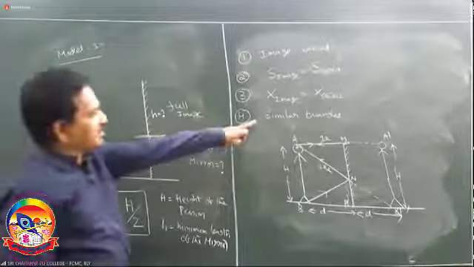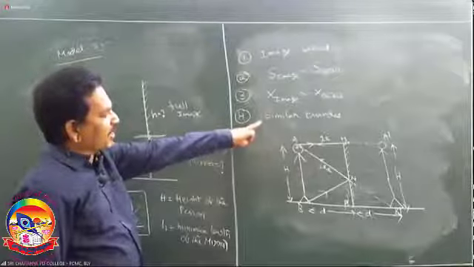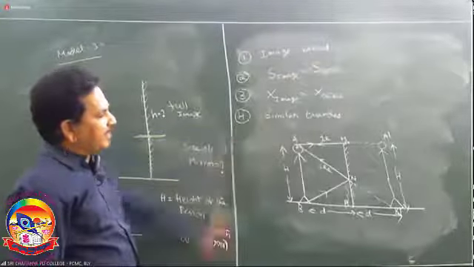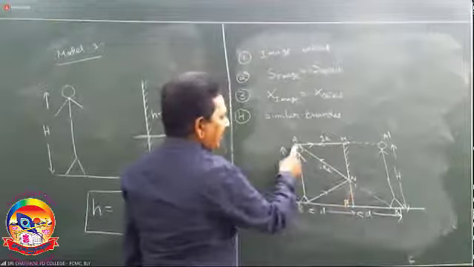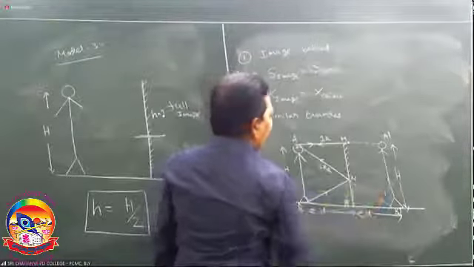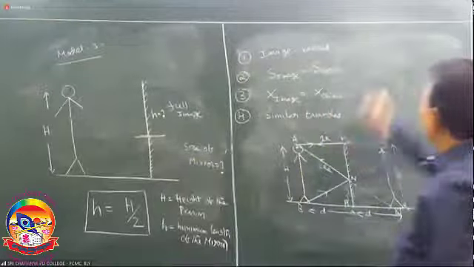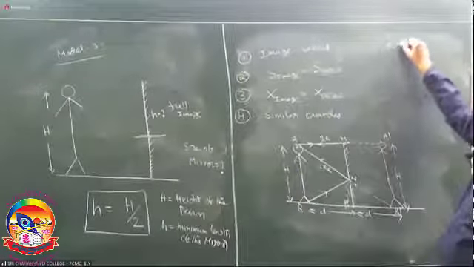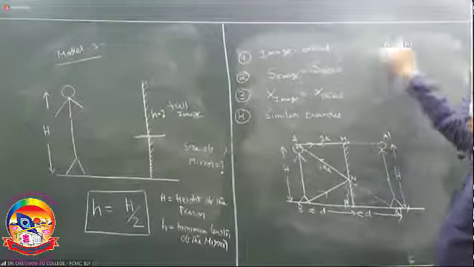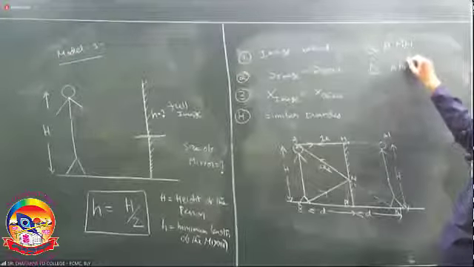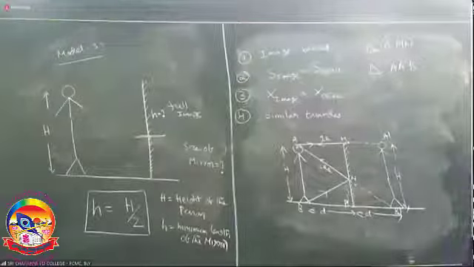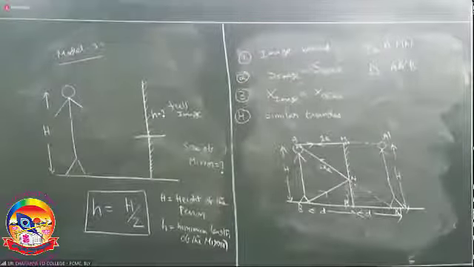Now take the similar triangles concept. Which triangles are similar? A, M, N is one triangle, and the other triangle is A dash, A, B dash. If you write tan theta, we will get the answer.